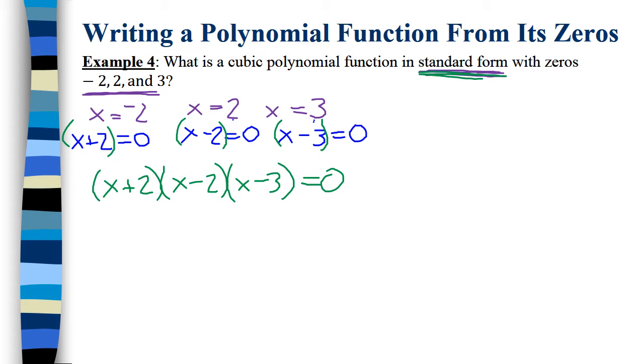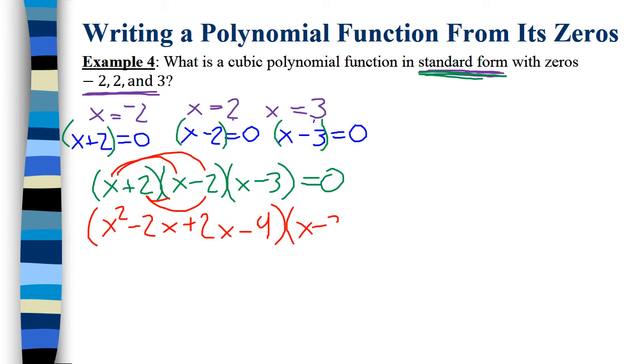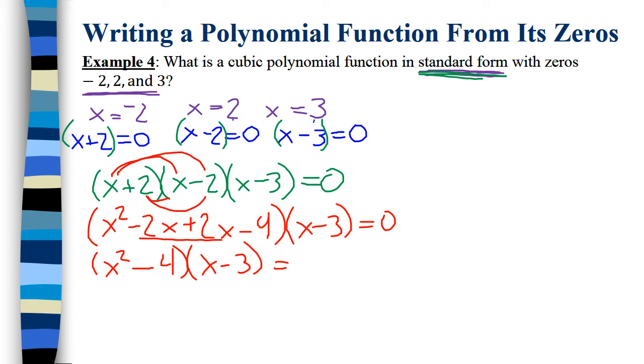And since it says standard form, we know we need to distribute. So x squared minus 2x plus 2x minus 4. And I can't multiply in the x minus 3 yet because I want to simplify. So x squared, so this is 0, minus 4 times x minus 3 equals 0.